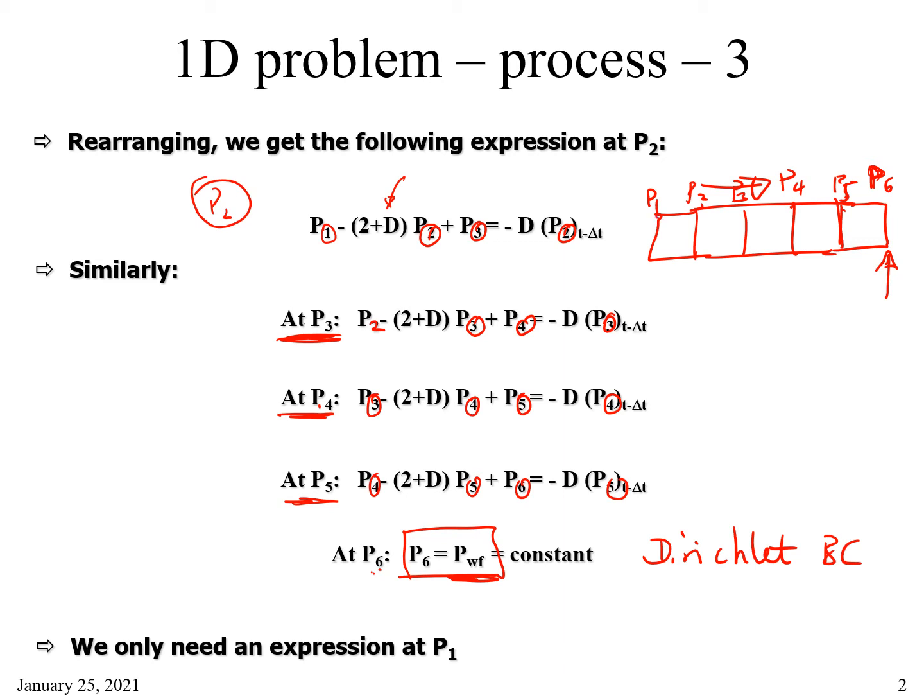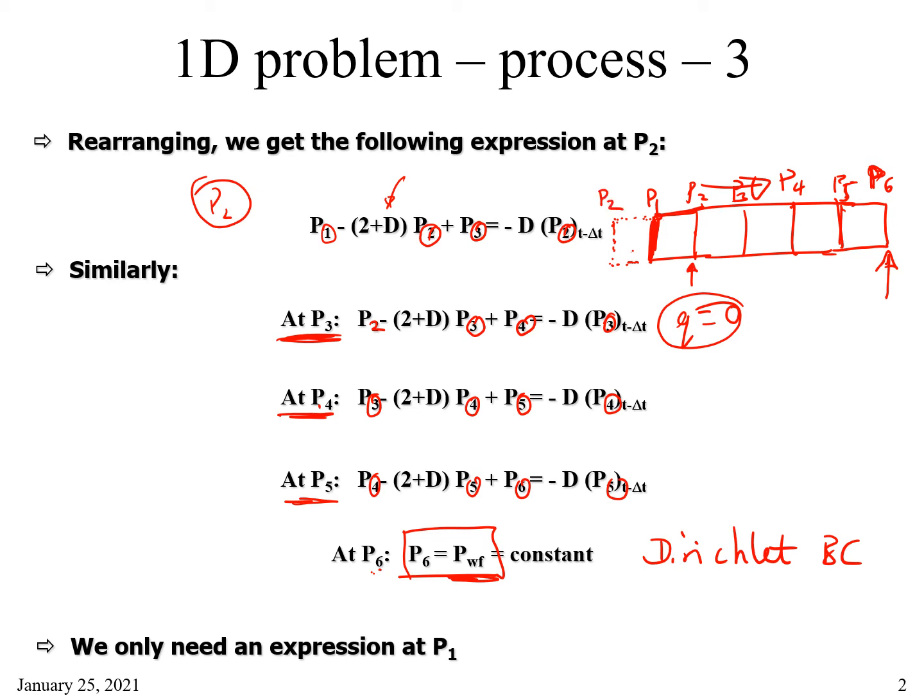How about P1? We're going to use a no-flow boundary, right? So technically, we are saying Q equals 0. So you will see that the way we're going to implement it in this formulation is we're going to artificially create another cell here, which will be a mirror image of this pressure point.